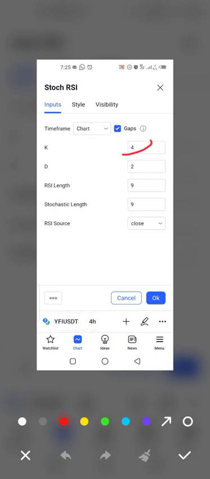Here where you find a 3, you put a 4. Here where you find a 3, you put a 2. Here where you find a 14, you put a 9, and here where you find a 14, put a 9. That is our input. As simple as that.